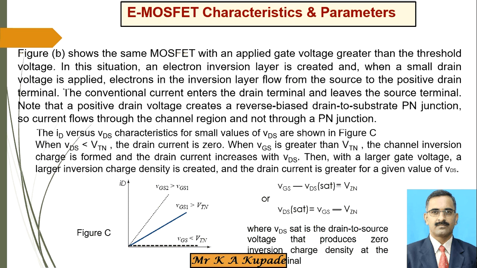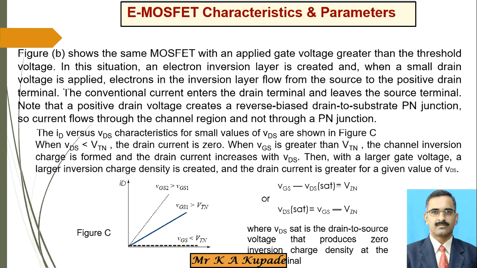The channel inversion charge is formed and the drain current increases with the applied drain-to-source voltage VDS. As you increase VGS, for the second step, VGS2 greater than the first VGS1, the current again increases, as shown by the small dotted line.